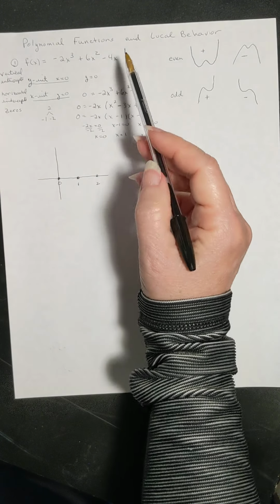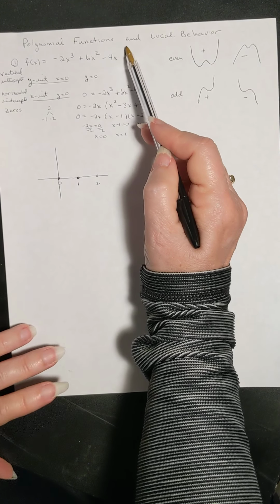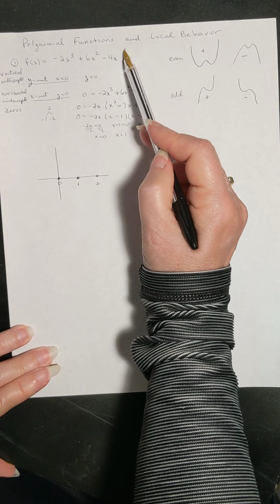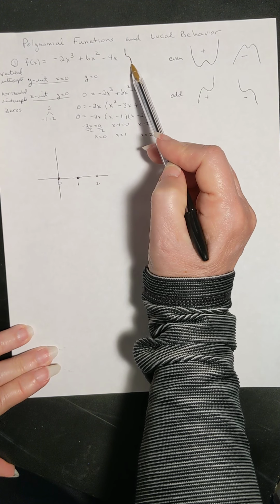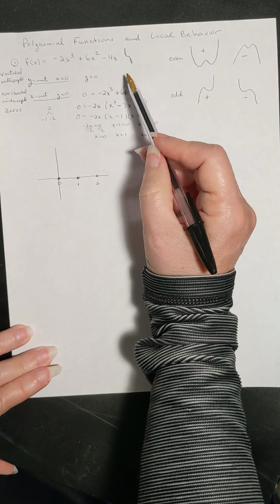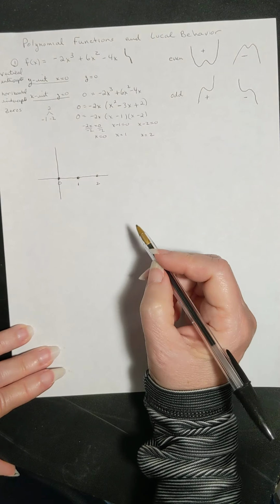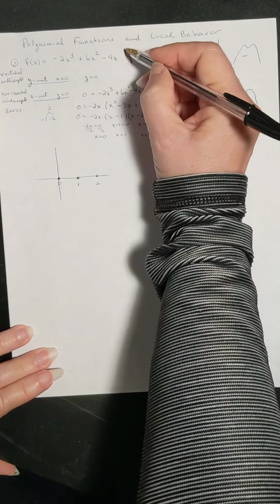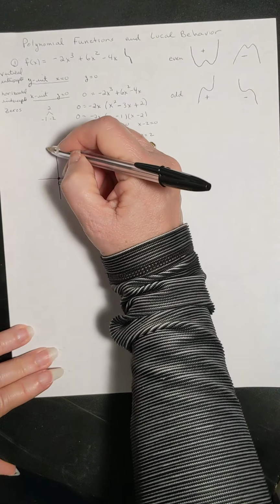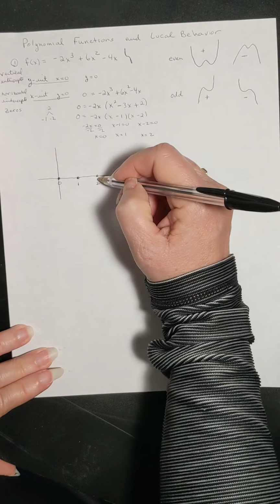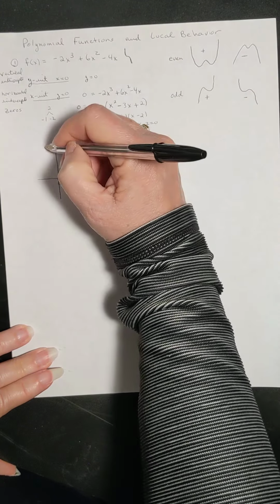Now, let's look back at what I originally looked at, and that is the fact that it's a downward snake. So this is where the wiggly in the middle comes in. I know that it starts up high and it ends down low. So it should start up here and it should end down here.